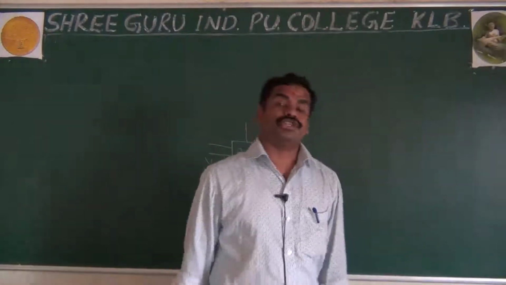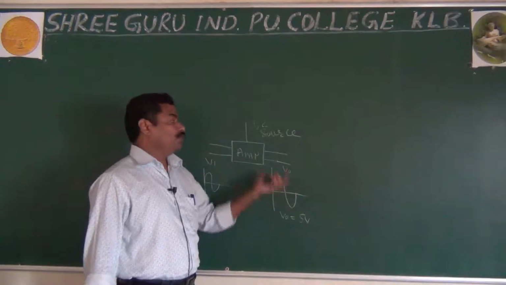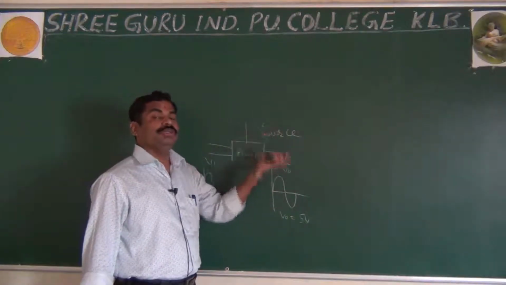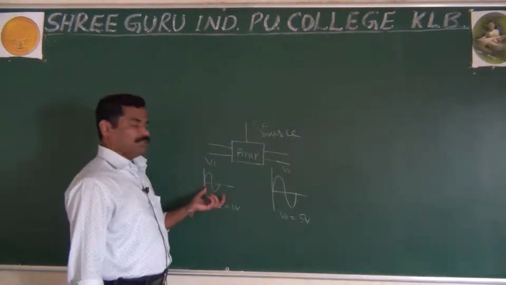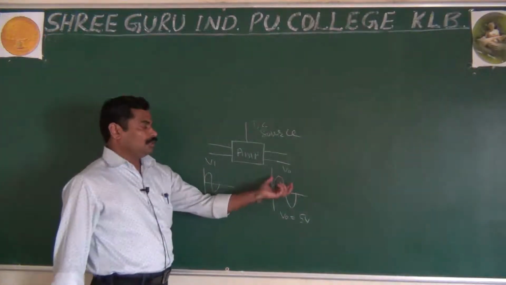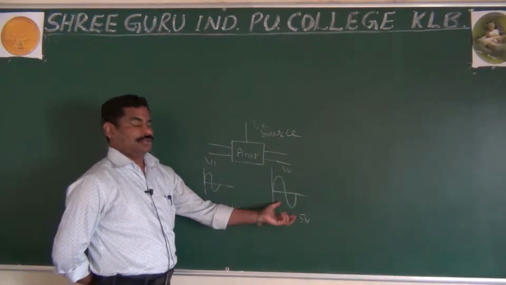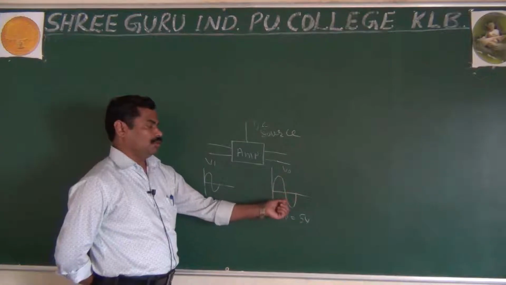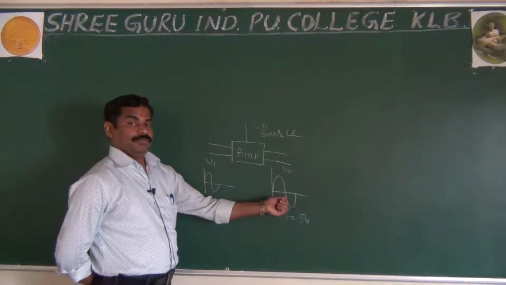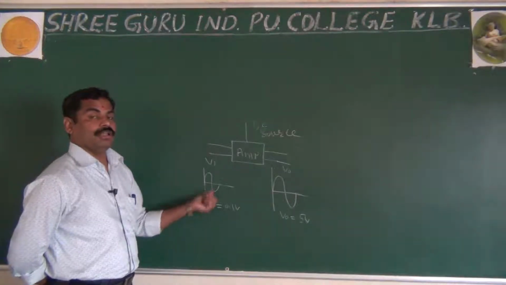Here also you transfer the energy from the DC source to the AC signal. In your input you apply the AC signal, and you get the output also as an AC signal. But as I said, how much the output is amplified depends upon the input signal.